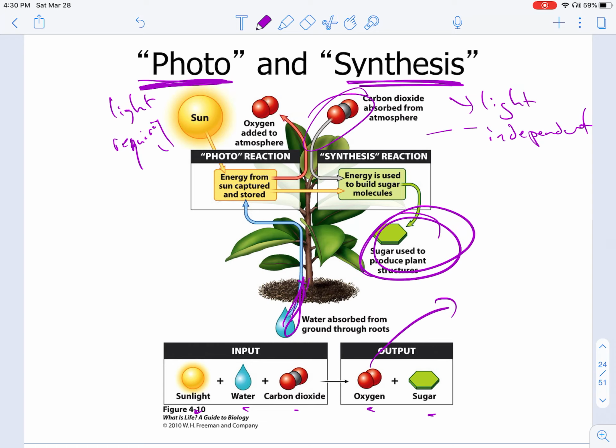Oxygen here, which is what we need to breathe, is a waste product of photosynthesis, right? And so here we need this oxygen. It's actually required for cellular respiration, but for this photosynthetic product, it's produced as waste.